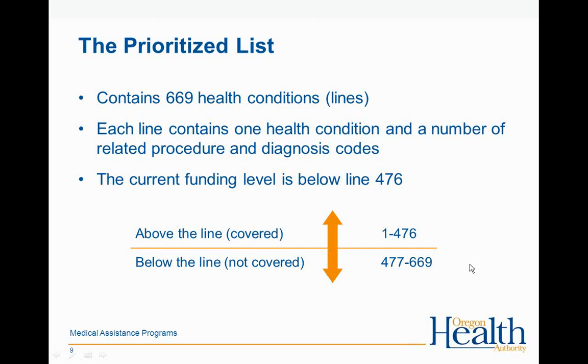The current funding line is 476. What that means is that all the conditions that are listed from line 1 all the way through 476 are currently funded by the Oregon Health Plan, and those listed from 477 down to 669 are not currently funded by Oregon Health Plan.